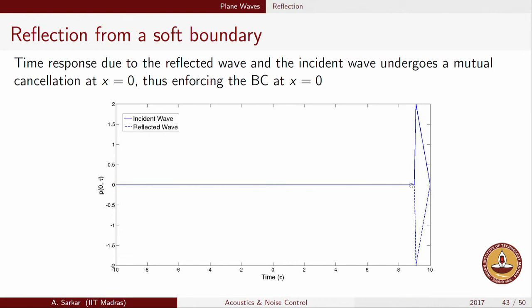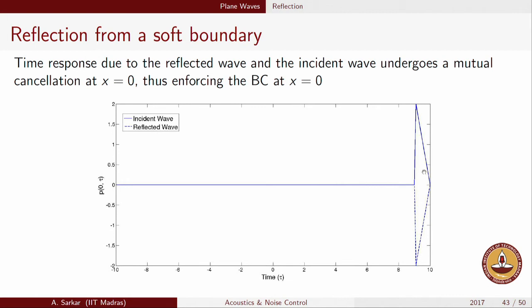So, the boundary condition at x equals to 0 can only be enforced if there is a backward wave, or if there is a reflected wave I should say, which will have a corresponding time history which is exactly the negative of the time history generated by the incident wave, right.